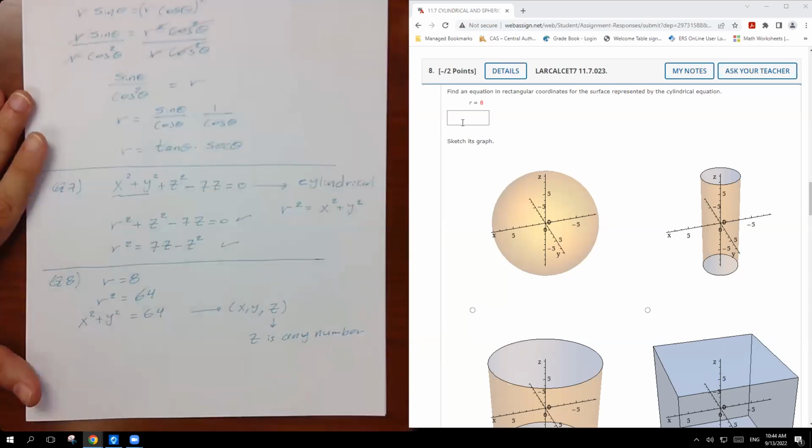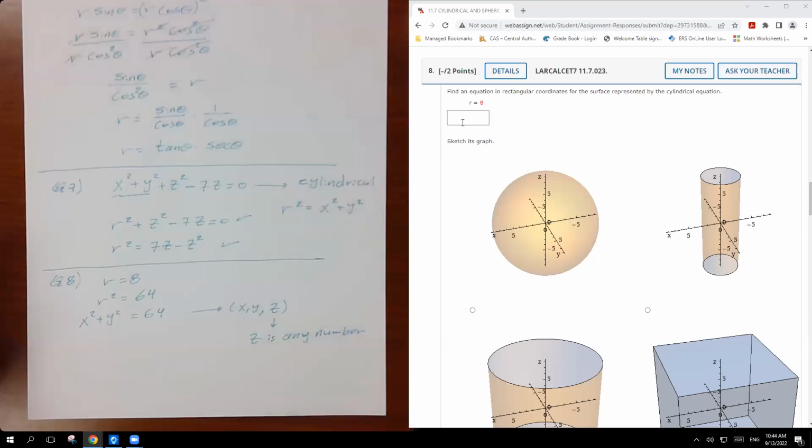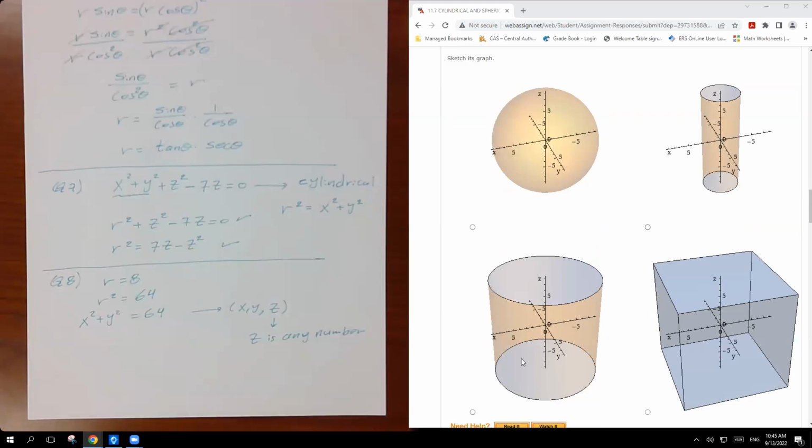So we depend on the radius to figure out which one is the right one. Let's look here. The radius is 8, so both sides are going to be 8. But z is any number. Z here is 5, 6, 7, 8. We can choose z is 8 because z in this equation is any number. It's a cylinder, so it's going to be this one or this one.